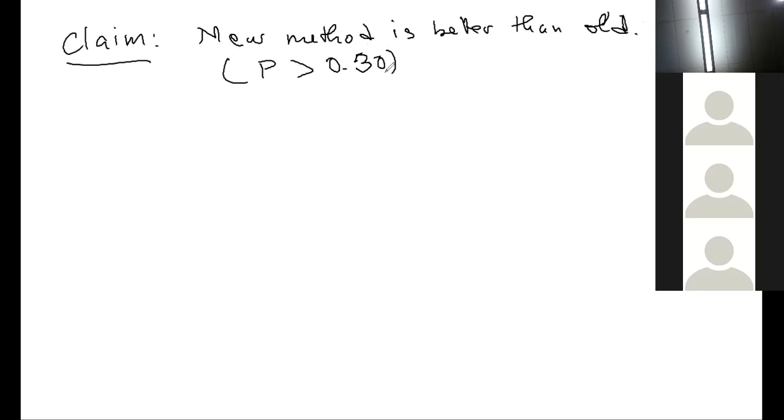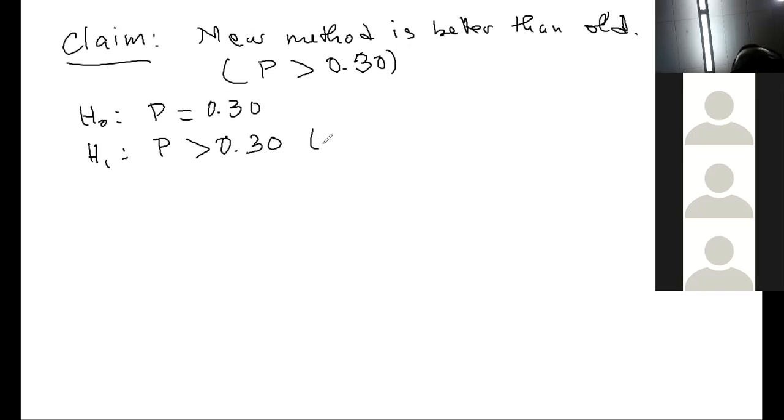Do we get that? So now we state the hypotheses. This claim, is it H0 or H1? H1: P is greater than 0.3. H0: P is equal to 0.3.